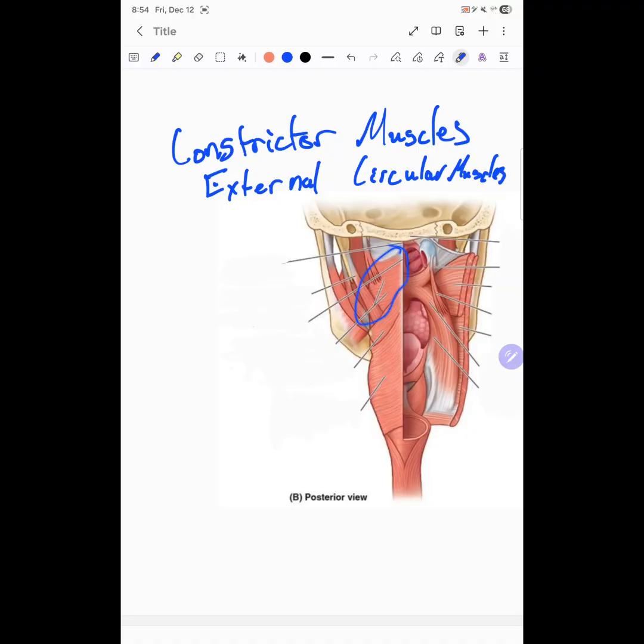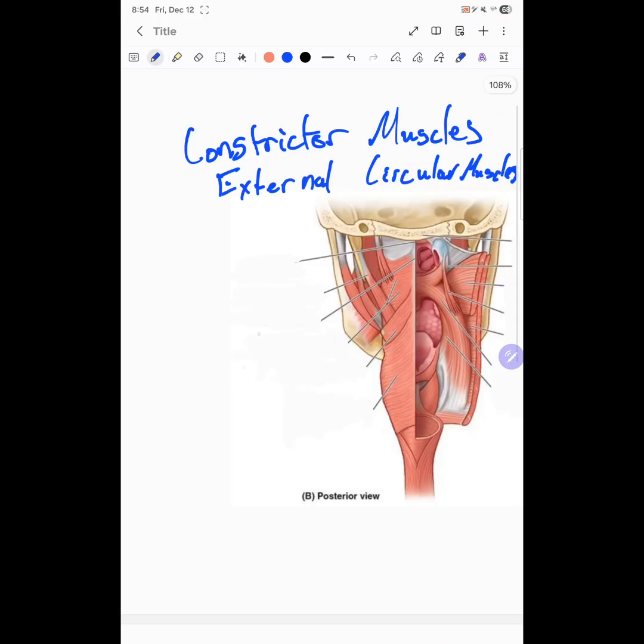Now we're going to talk about this superior pharyngeal constrictor. First, let's put the label on there. It's going to originate from the pterygoid hamulus and the posterior end of the myohyoid line of the mandible.